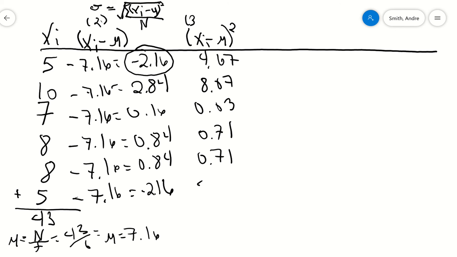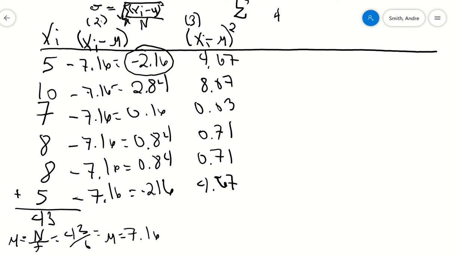And then 4.67. Right? So step number 3 in the formula has this uppercase sigma, and that looks like this, right? And the uppercase sigma means that we have to sum what we have, right?